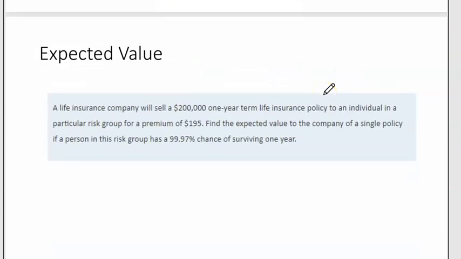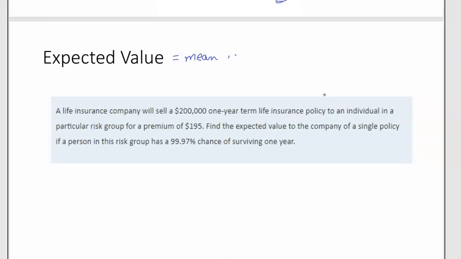Let's review that expected value idea that we talked about earlier. Expected value is really just the same thing as asking for the mean of a discrete random variable. And the mean is the sum of each X value times its probability. So let's look at an example.